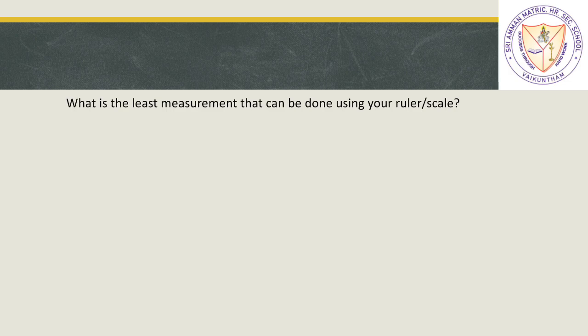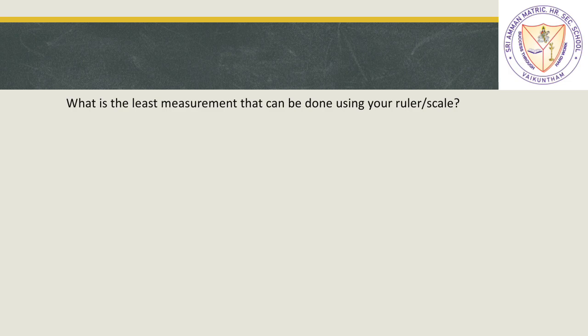Can you measure 3 centimeter? Yes. Then try 1 centimeter. Can you draw a line of 0.5 centimeter using your scale? 0.5 centimeter is nothing but 5 millimeter. Yes, you can do it.